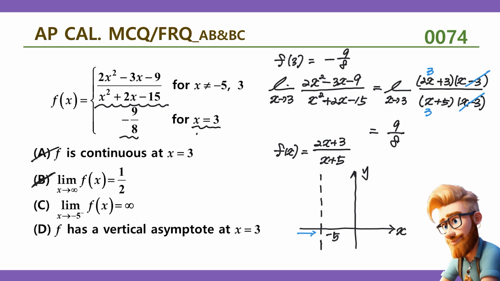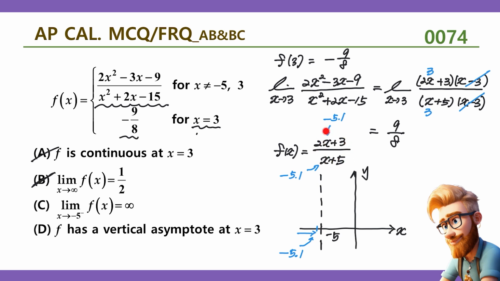Here, I'm going to substitute, let's say, the value negative 5.1. We don't have to find the exact value of f of x when x is equal to negative 5.1. All we have to know is if it is positive or negative. So if x is negative 5.1, is this positive or negative?